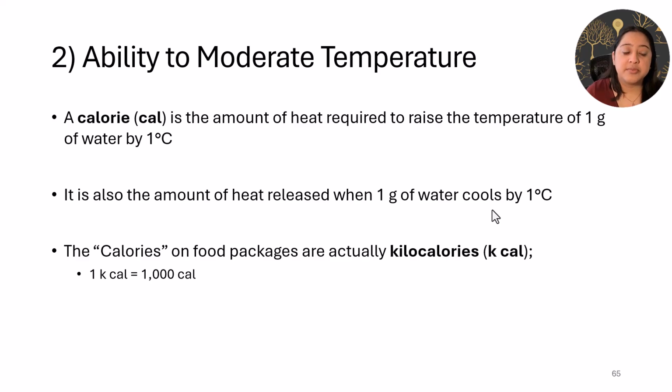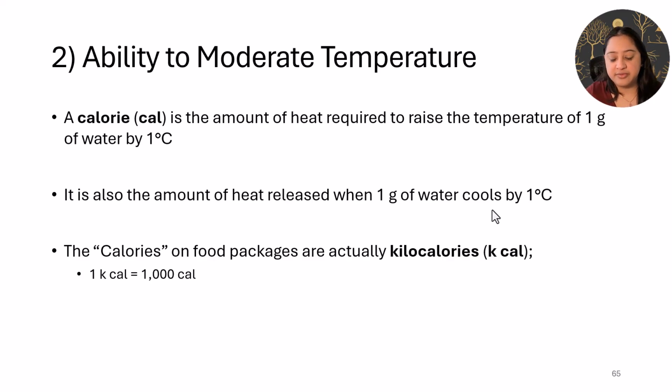And so we can measure energy in calories, and this might sound familiar. So a calorie is the amount of heat that is required to raise the temperature of 1 gram of water by 1 degree Celsius. So it's like how much energy and heat you have to put in for 1 gram of water to increase in temperature by 1 degree Celsius.